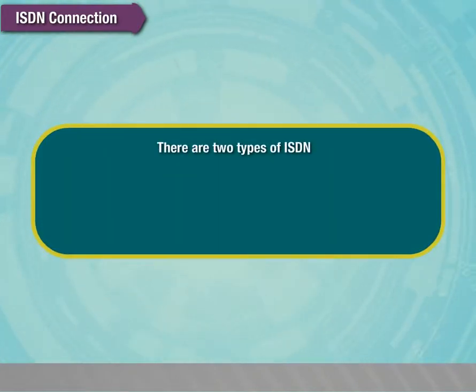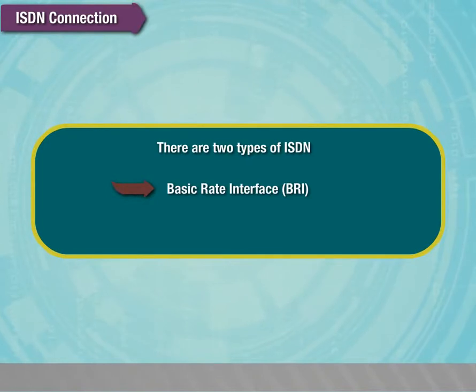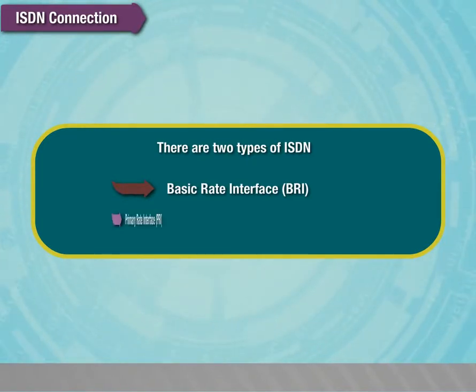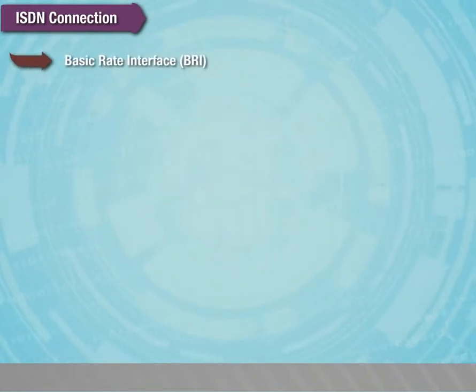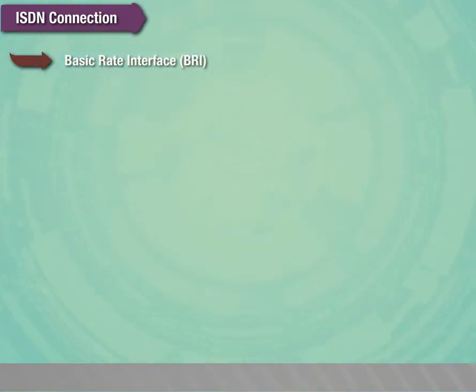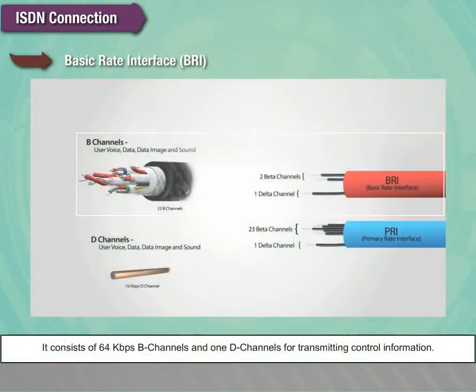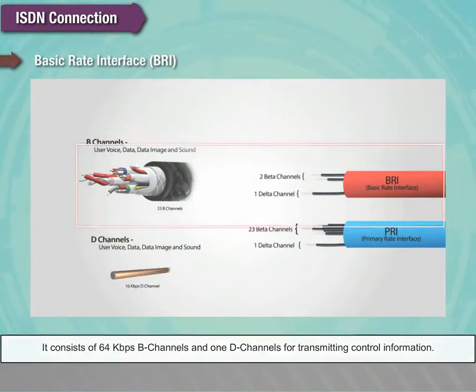There are two types of ISDN: Basic Rate Interface, BRI, and Primary Rate Interface, PRI. Basic Rate Interface BRI consists of 64 kbps B channels and 1 D channel for transmitting control information.